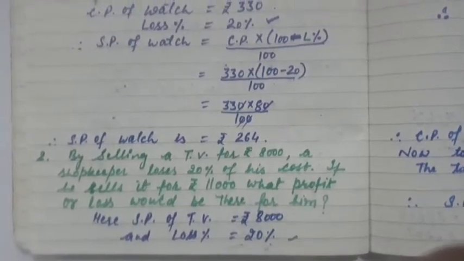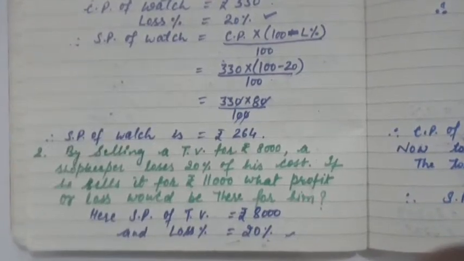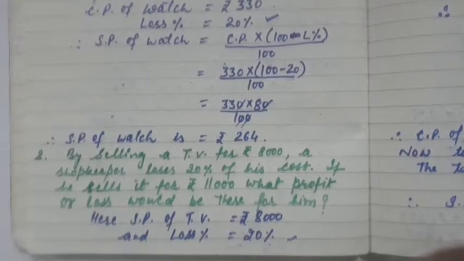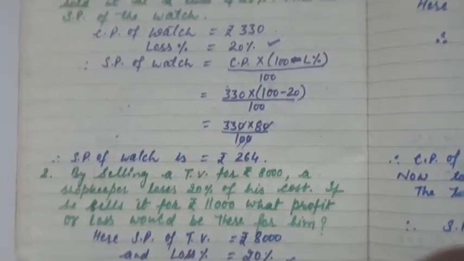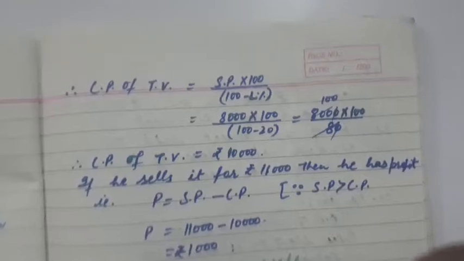In this question the selling price of the TV is given, that is 8,000 rupees, and loss percent on it is given, that is 20%. In this case we have to find the CP, and then we will compare it with 11,000. Therefore the CP of the TV is equal to SP into 100 upon 100 minus loss percent. This is the formula.